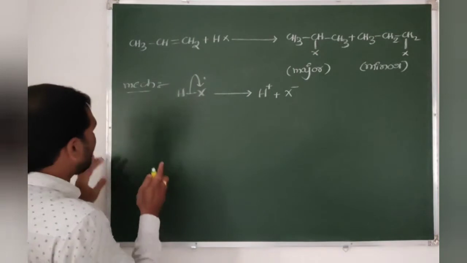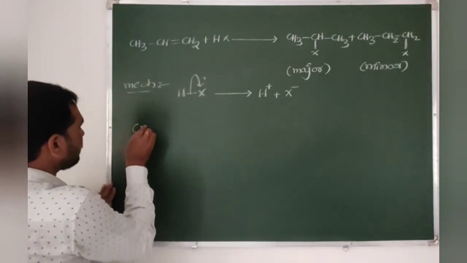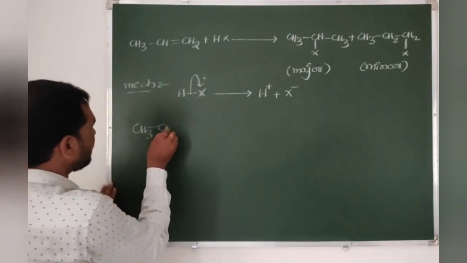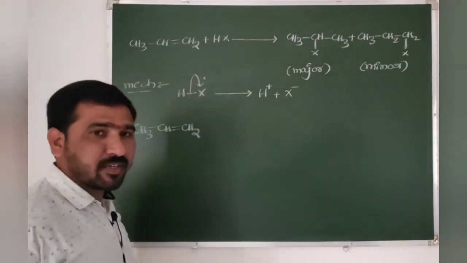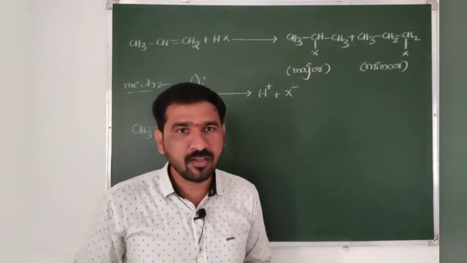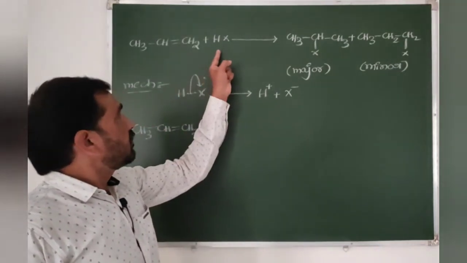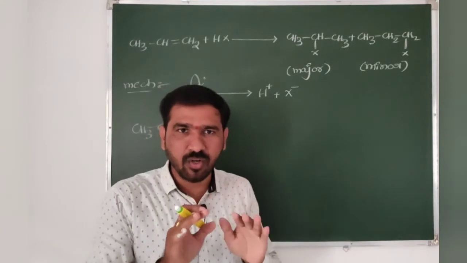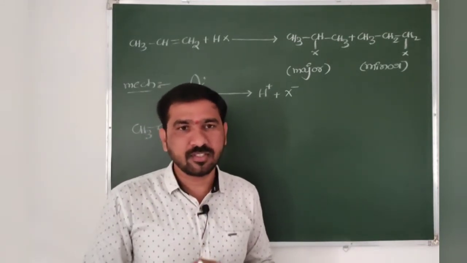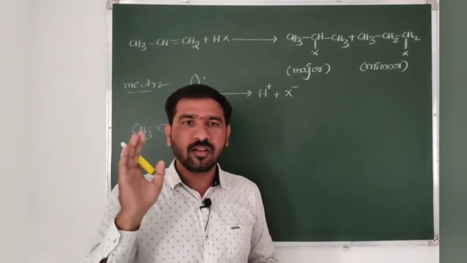Then coming to reactant, CH3 CH double bond CH2. This is unsymmetrical alkene. Remember, Markovnikov rule applicable to unsymmetrical alkene only, not symmetrical alkene. This is not applicable to symmetrical alkene.